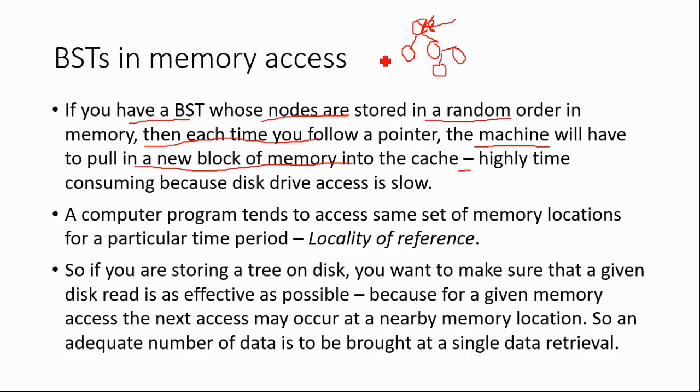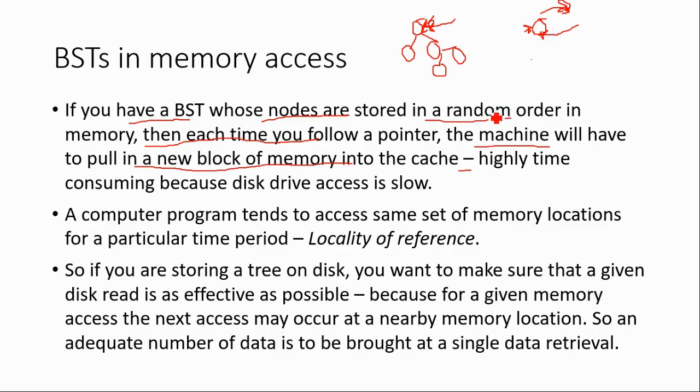So suppose we want some data from some memory location, then that memory location's data has to be stored in some node of the tree, and then you have to fetch that information from there to the main memory.